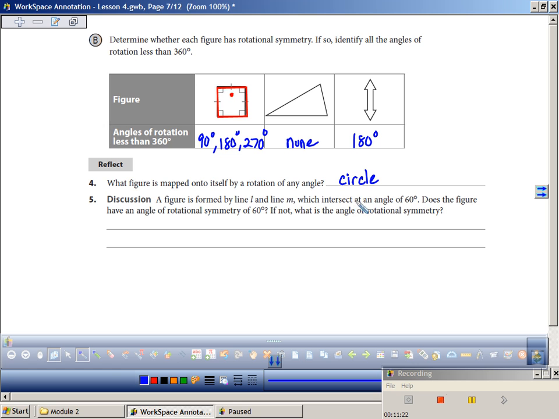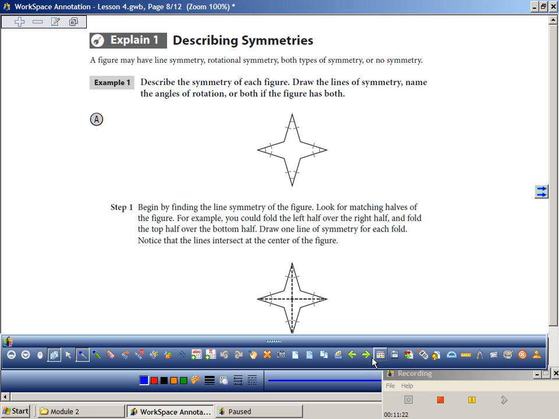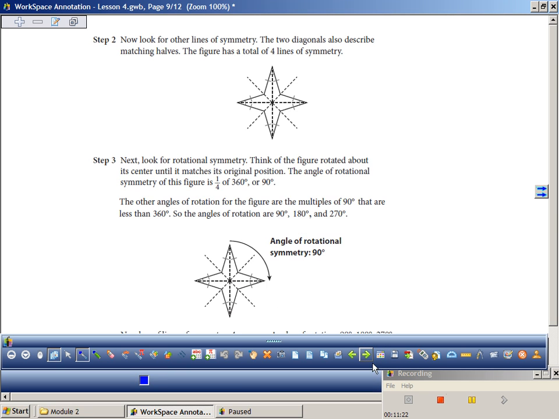A lot. 360, I guess you could say, right? 359 before you hit 360? Good. I don't like this question at all. I don't think it's very clear. We don't need to do this one because we already did it.